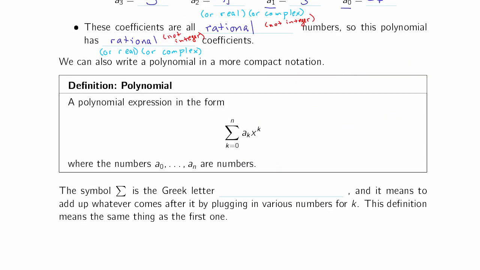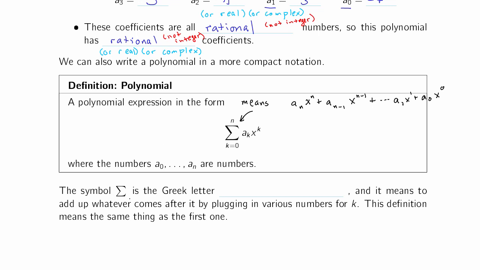Instead of writing a_n x to the n plus a_(n-1) x to the n minus 1 plus dot dot dot plus a_1 x to the 1 plus a_0 x to the 0, we can write this in what's called sigma notation.